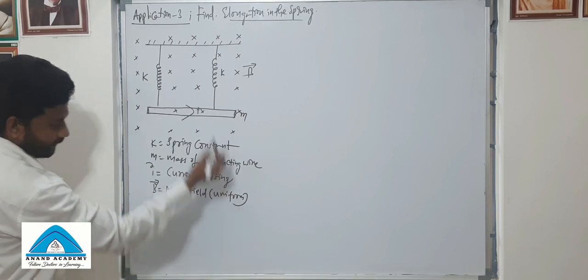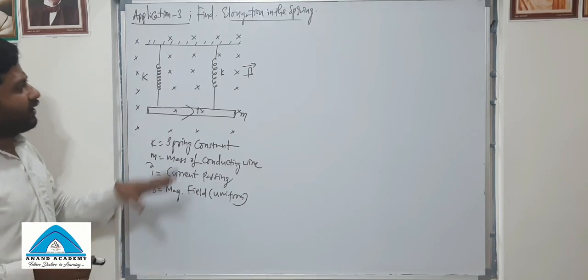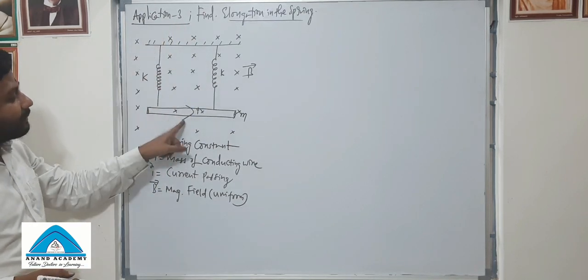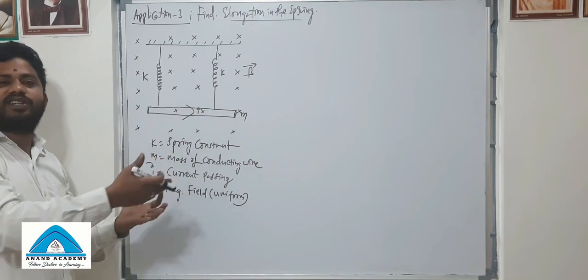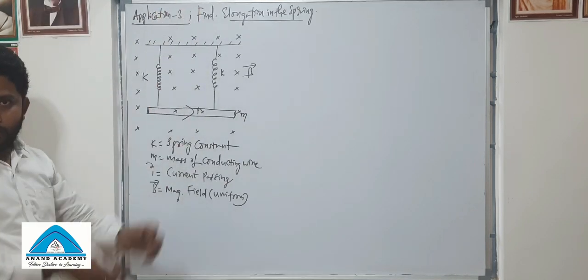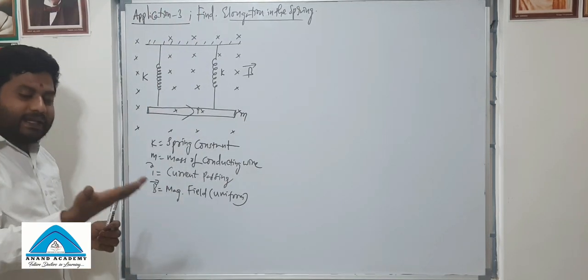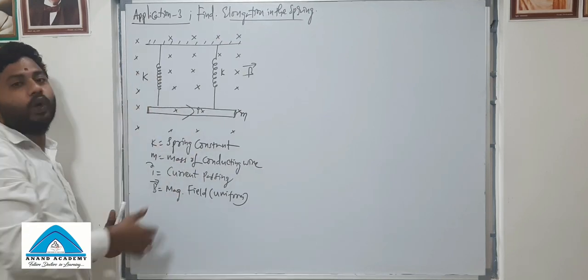So let's start. First thing, forget about the complete setup except the current carrying wire. We already know the whole discussion was about magnetic force acting on a current carrying wire. By using the right hand palm rule, I am going to find the magnetic force acting on it.